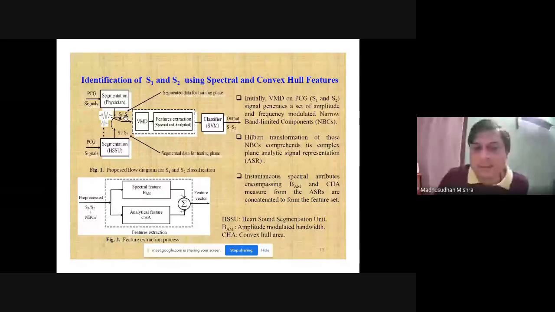Then from each mode, we extract spectral and analytical features. A super vector is formed by cascading all these spectral and analytical features, and it is fed to the SVM classifier to see the output, whether it correctly recognizes S1 and S2 or not.